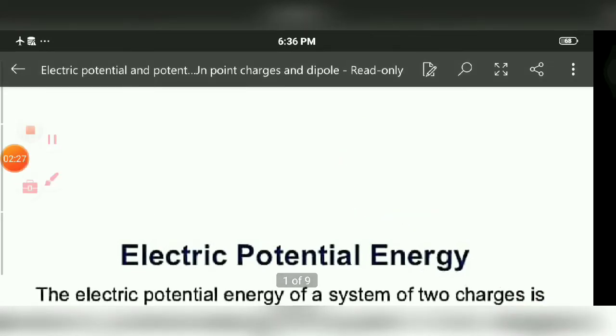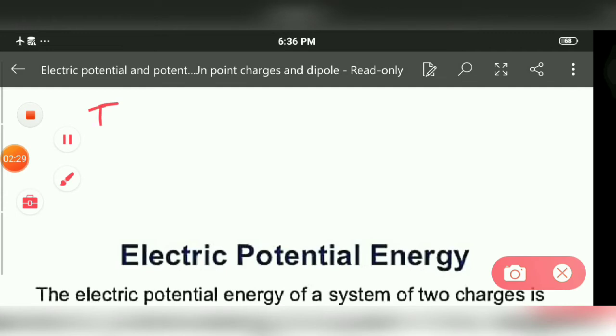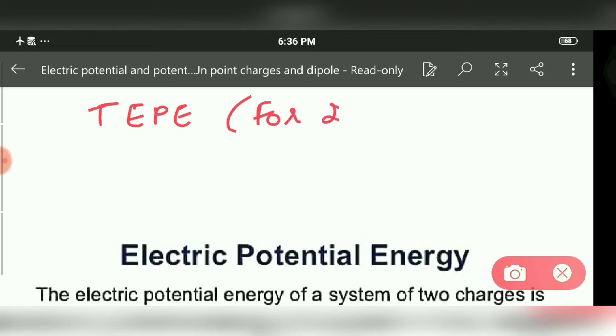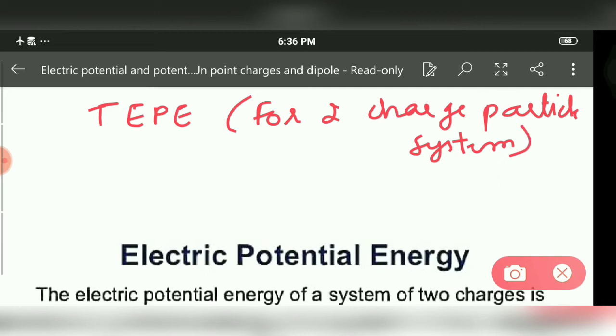So the net energy of the system, the total electric potential energy for a two charge particle system, is going to be U equals U1 plus U2.